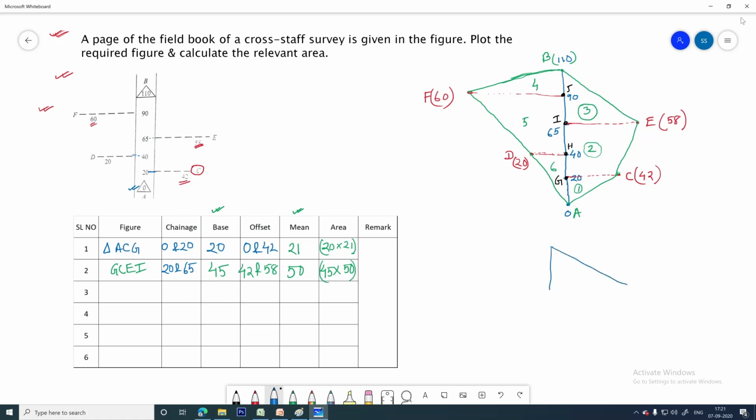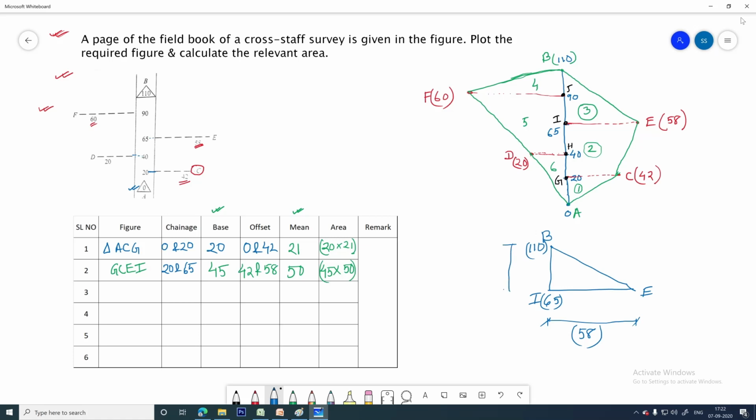The triangle is something like this, and it is I, and it is E, and it is B. So we know the chain edge value here is 65, and at the end B point the chain edge value is 110, and here the offset value is 0, and here the offset value is how much? 58.